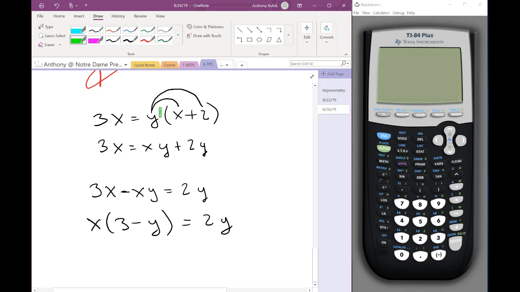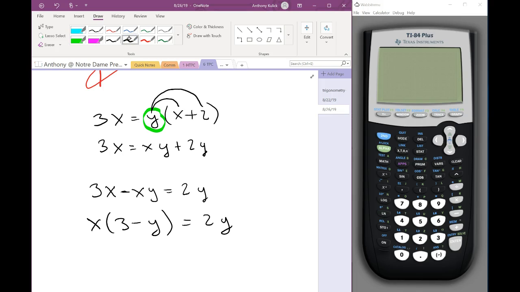Well, so here I had y times x plus 2. So I used the distributive property. I multiplied x and y together to get xy, and I multiplied 2 and y together to get 2y. So they are together, yes. All right?